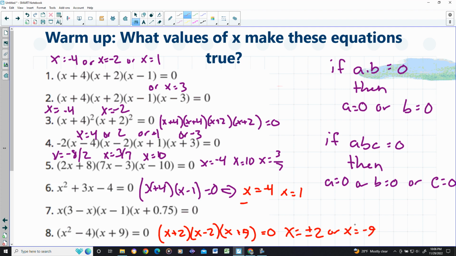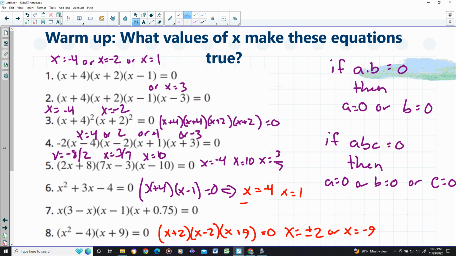Now, you could say x equals 2, or negative 2, or negative 9. I took a bit of a shortcut there and just said x equals plus or minus 2. You can do that. If you have two factors that are the same number but opposite sign, that's totally fine to do, in my book at least. If you have a different teacher than Mr. M, then maybe not. I don't know.